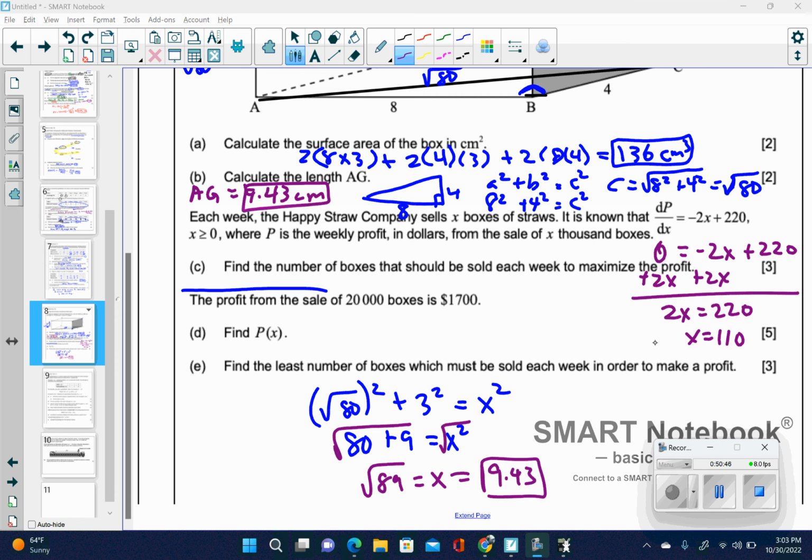The sale of x thousand boxes. So x is 110, which means 110 thousand boxes. So the number of boxes is 110,000 boxes.